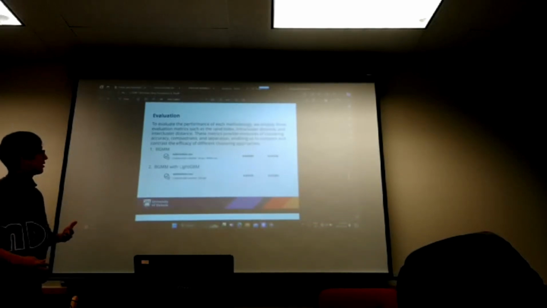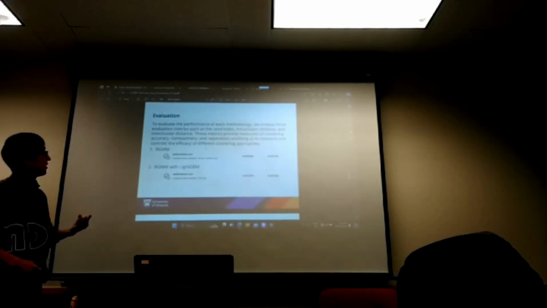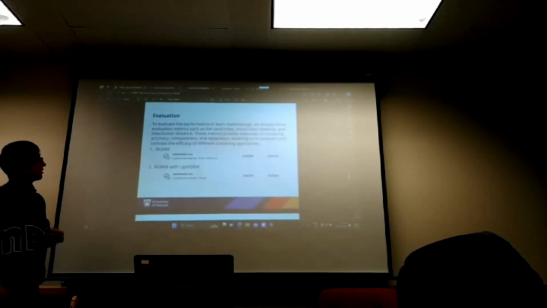I'm done with the cluster also. Then is the evaluation metric. I use three metrics to evaluate the cluster results. The first metric is the Rand index. Rand index is the most common evaluation measure for unsupervised learning.